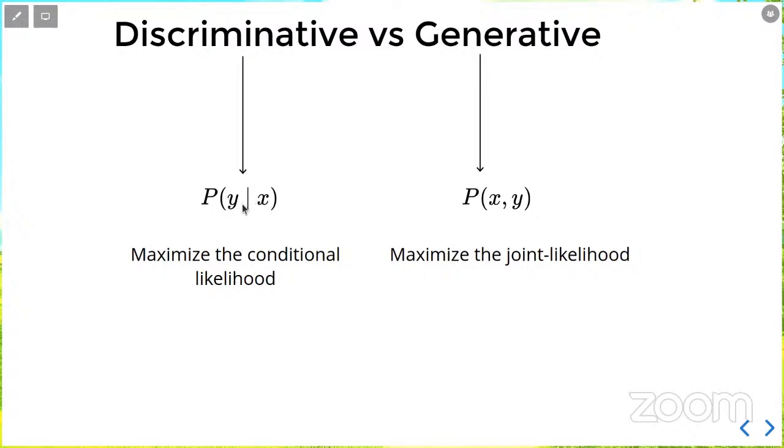The other way to understand it is that you're essentially trying to discriminate between the classes. You're not so much interested in the data point x as it is. You assume it's already given to you, so you don't worry about x. You worry about modeling y given x. One example of a discriminative model is logistic regression.